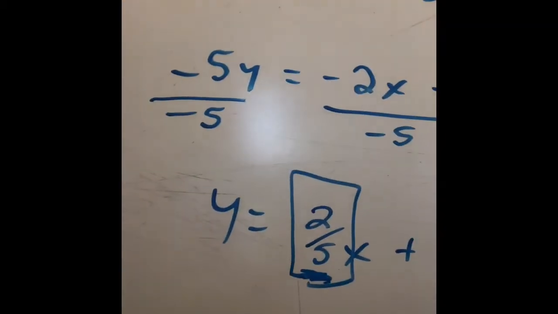The question said, determine the equation of the line that has the same slope. So my same slope is 2/5. That's the part that I need, 2/5 x. That's going to be my new slope for this new equation.